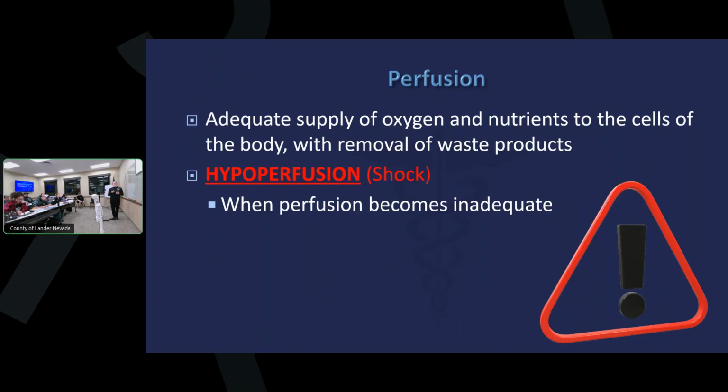So anytime there's a problem with this in any way, shape, or form, it's called shock or hypoperfusion. Those words are synonymous. Anytime you see the word shock come up, it means that our body is not perfusing as it should. Our organs are starting to die for whatever reason because they're not getting the oxygen and nutrients that they need.